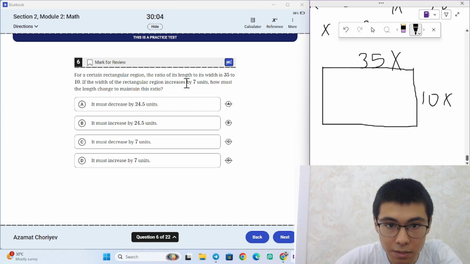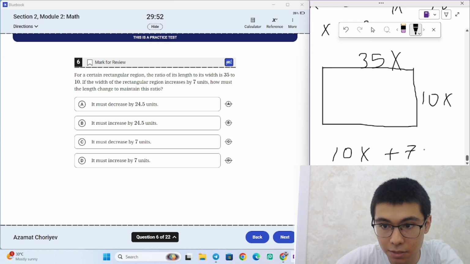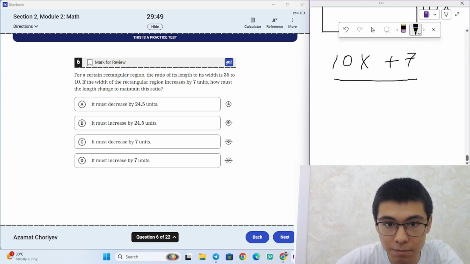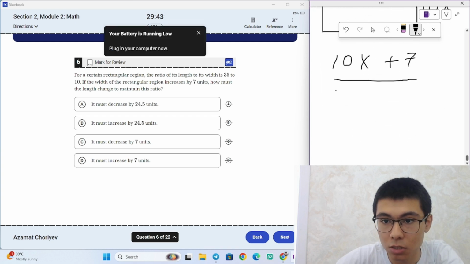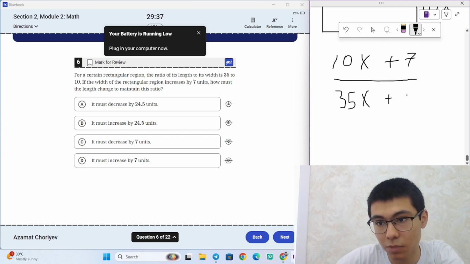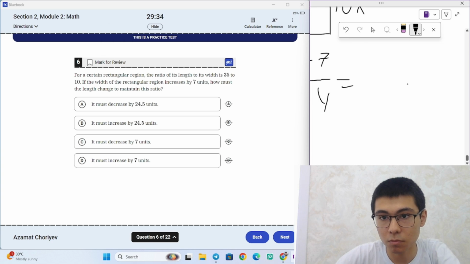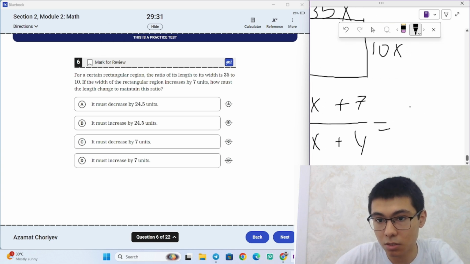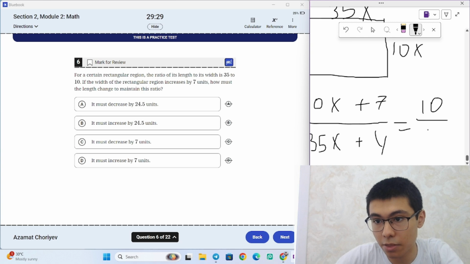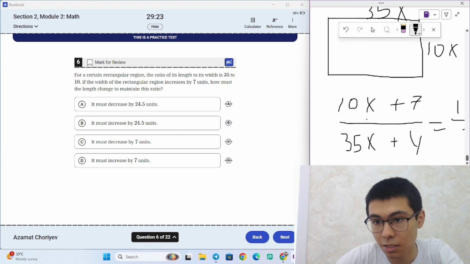If the width increases by 7 units, that is 10x plus 7, how much does the length change to maintain this ratio? So 35x plus y, equals this, which is 10 divided by 35. And here we have x on both sides, so we can easily eliminate these.